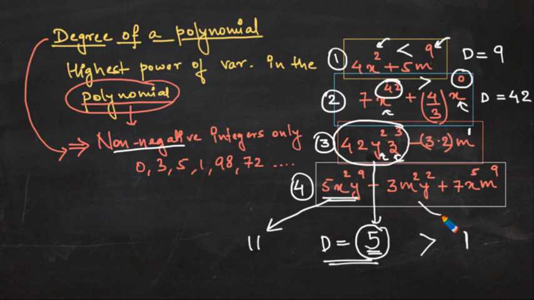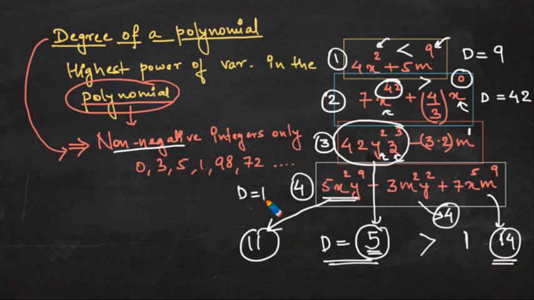For the second term, again, we add up the powers, m square, y square, so 2 plus 2, 4. And similarly, for the third term, we add up 5 and 9, which is 14. So out of 11, 4 and 14, 14 is the highest. So the degree of this fourth polynomial is 14. So this is how you identify the degree of a given polynomial.